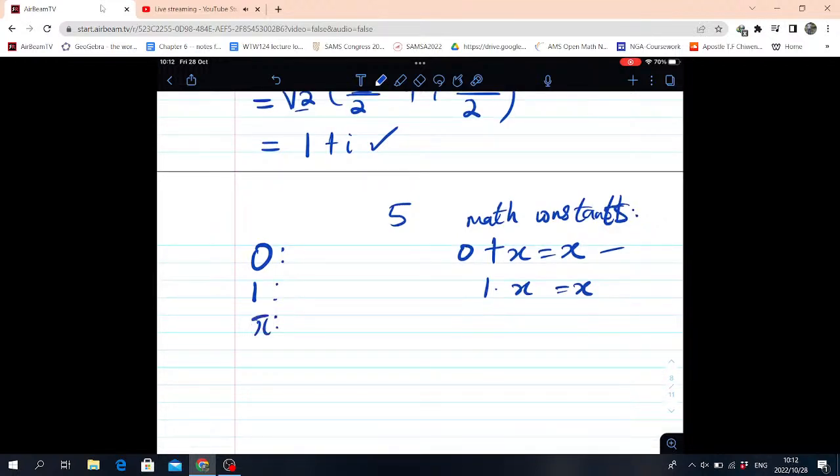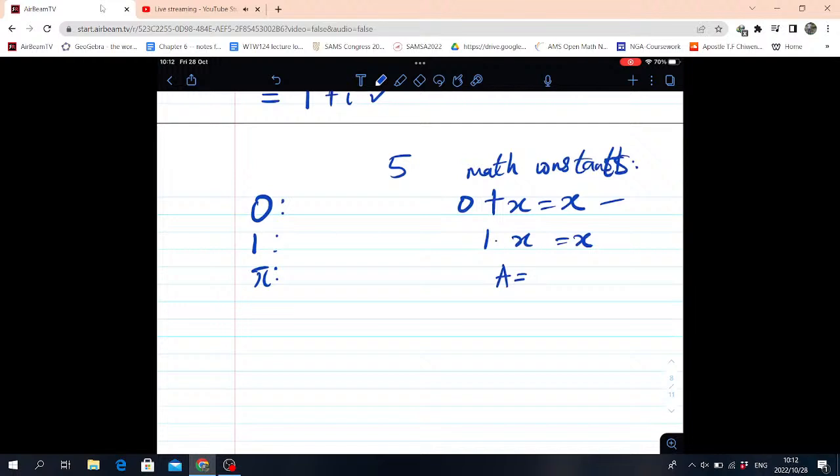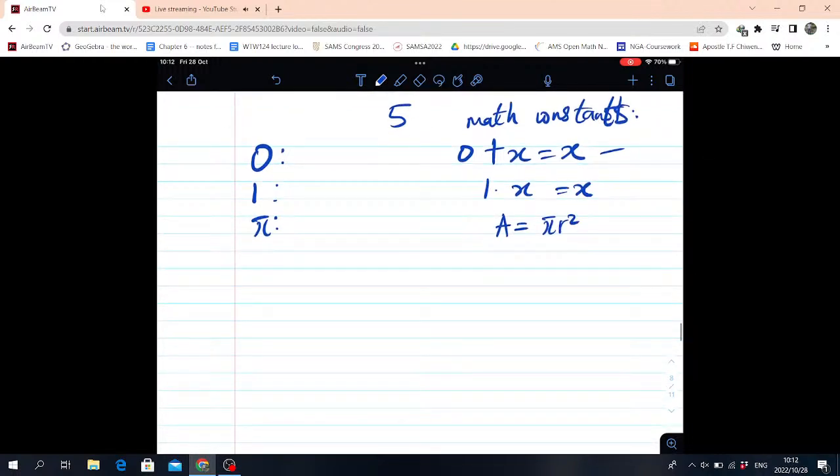And pi, we know, for example, that the area of a circle is pi r squared. And if we think about e, so all these are special to us. If you think about the derivative of e to the x, it is equal to e to the x. That's a special thing.